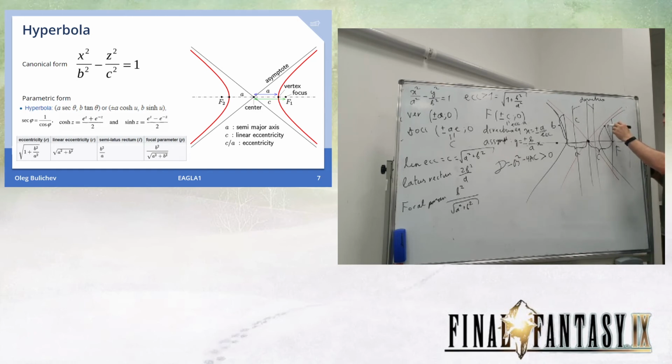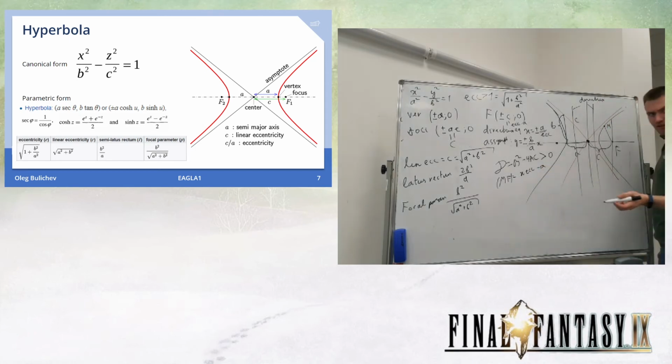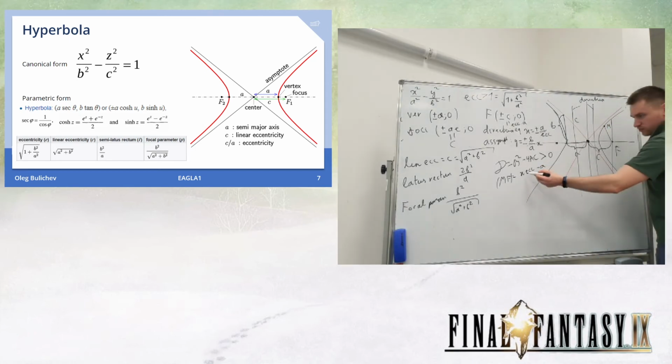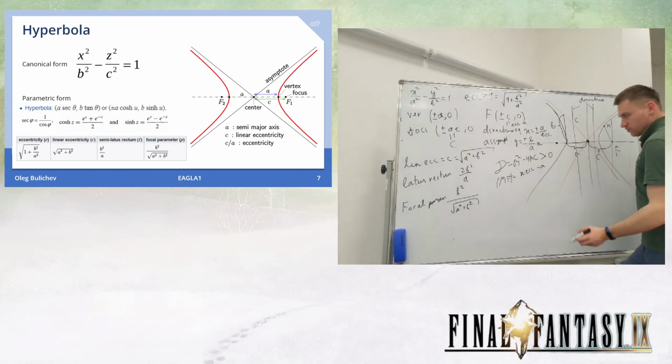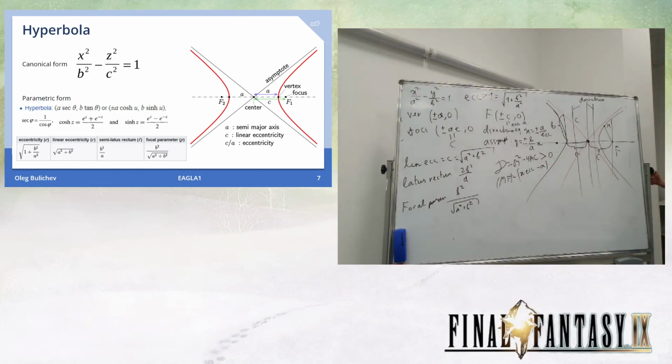I took M. The distance between F and M is equal to the absolute value of x times epsilon minus h. Who knows this equation?